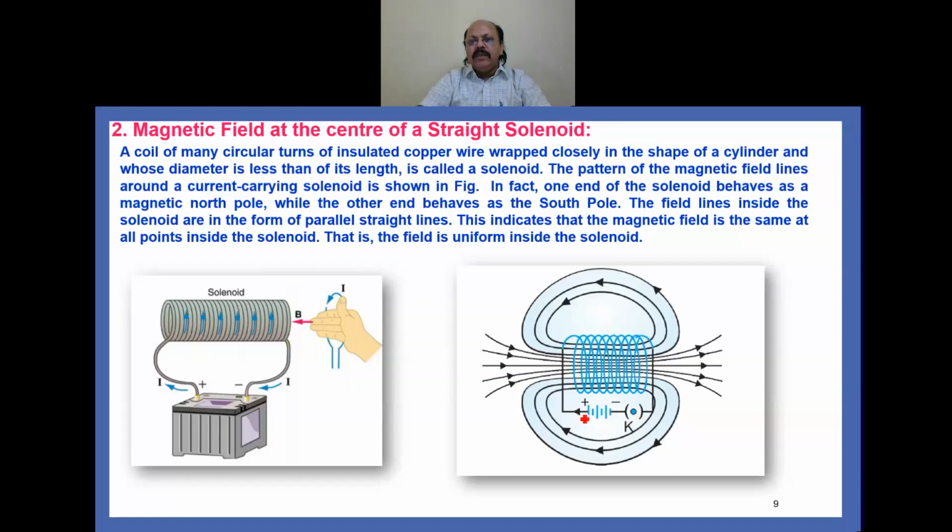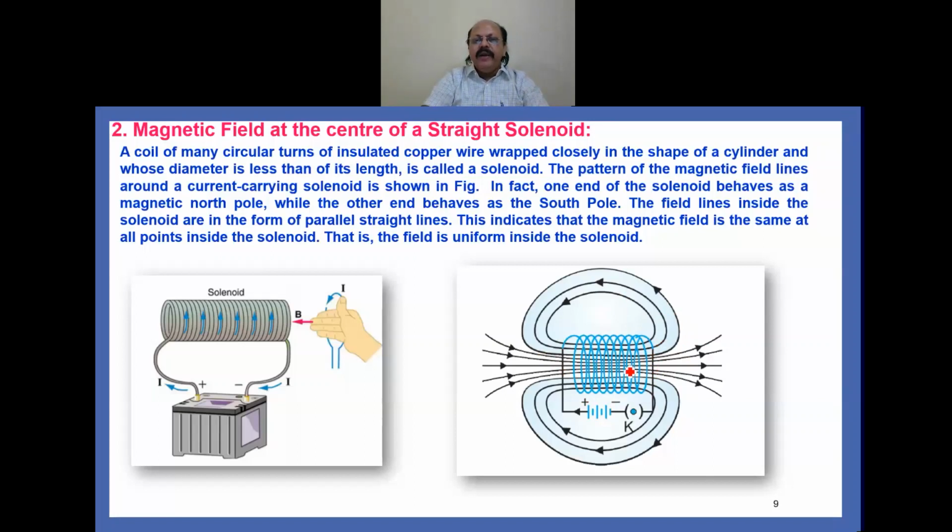When key K is closed, current starts flowing clockwise here, so this face has the south polarity. Opposite to this is the north polarity. So this face is the north pole and this one is the south pole of the solenoid. The magnetic field lines move from north pole to south pole outside and from south to north inside. This is the pattern of magnetic field lines in a solenoid.